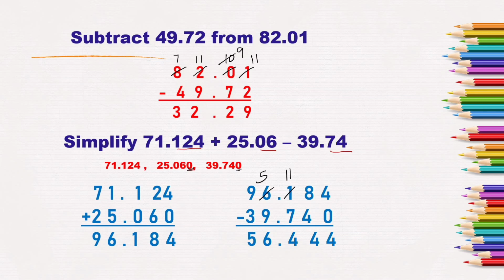Yes, borrow from 9. 9 becomes 8 and 5 becomes 15. 15 minus 9 is 6. 8 minus 3 is 5. So when we simplify 71.124 plus 25.06 minus 39.74, we'll get the answer as 56.444.